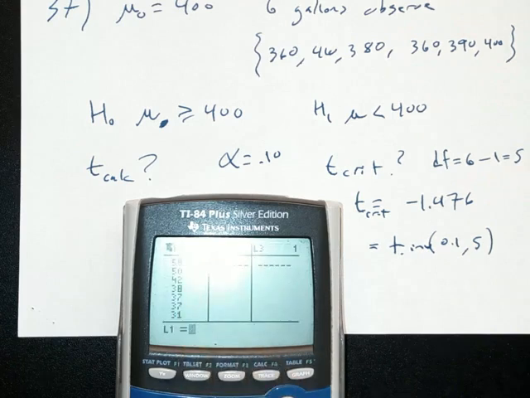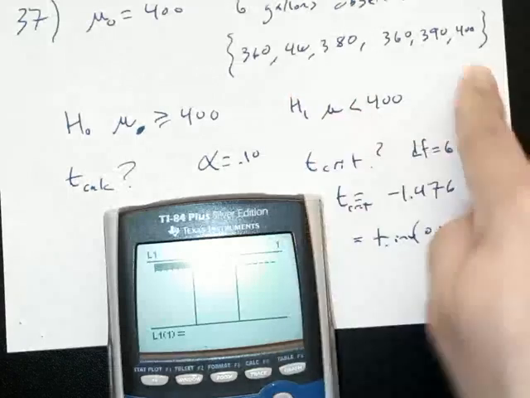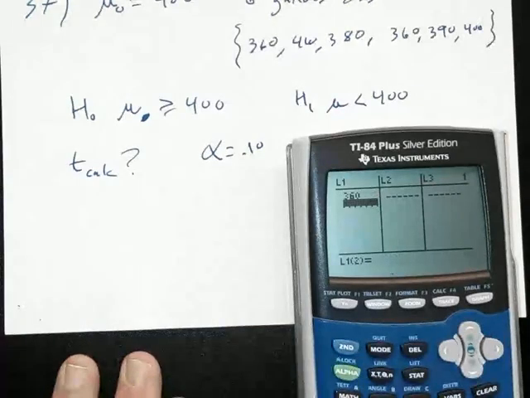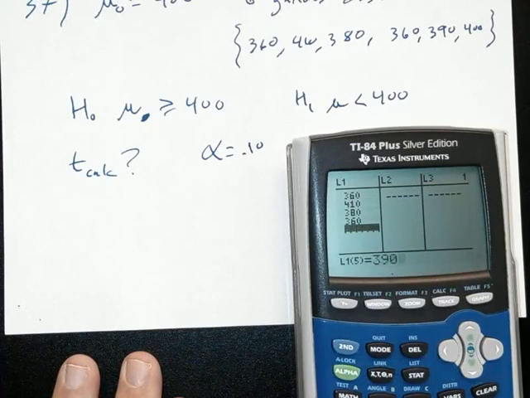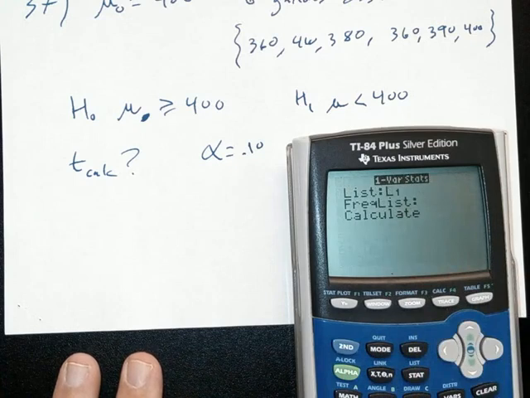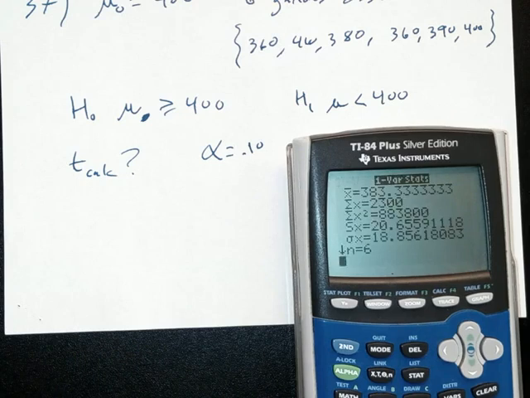I'm going to put all of the numbers into a list. And then I'm going to ask it to do the descriptive statistics for one variable. And there we are, mean, standard deviation. It gave me 2 standard deviations. It gave me an S and a sigma.